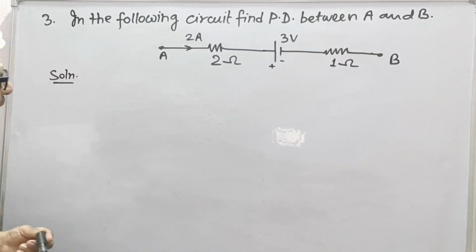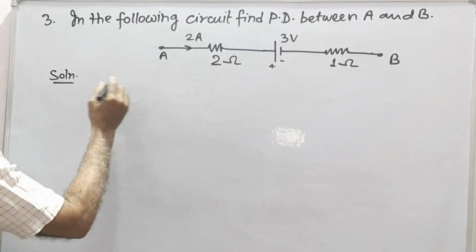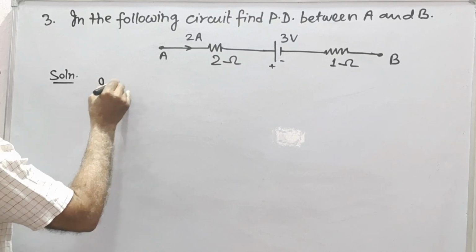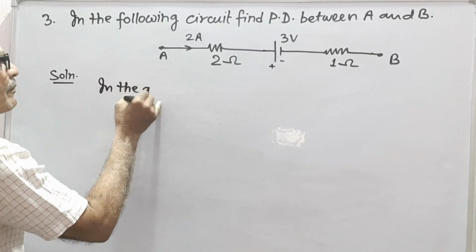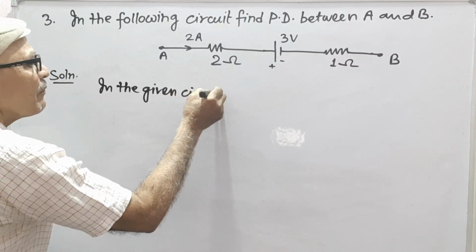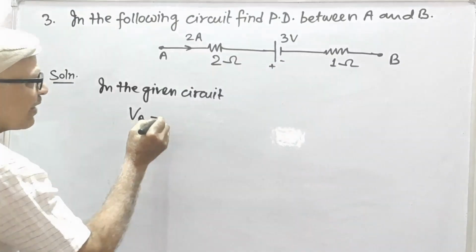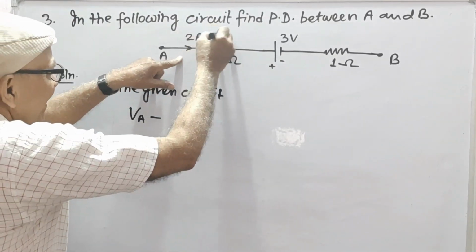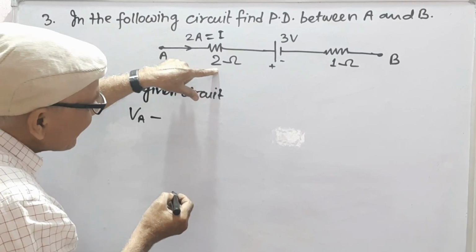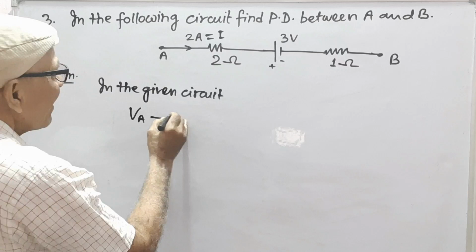Now, using sign conventions for KVL, we have in the given circuit VA, I into 2 ohm will be negative because it is in the direction of current.